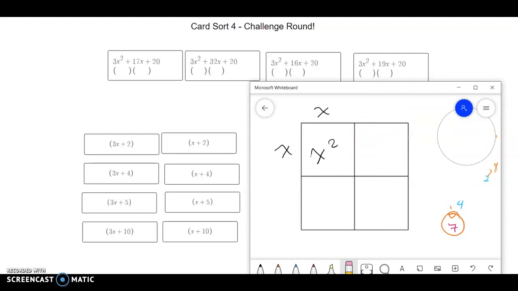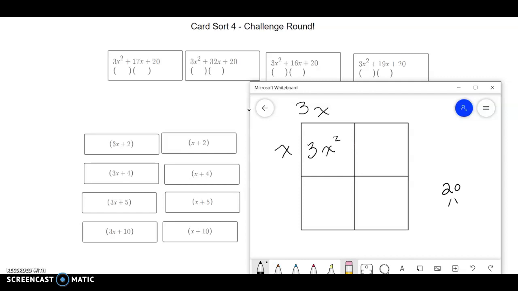Alright, now that you kind of paused this video and tried some out, what's going to happen here is now we're dealing with 3 attached to this x. So honestly, one of these factors needs to have a 3. One of these x's needs to have a 3. So we have 3x squared, and this is where it gets a little bit more tricky.